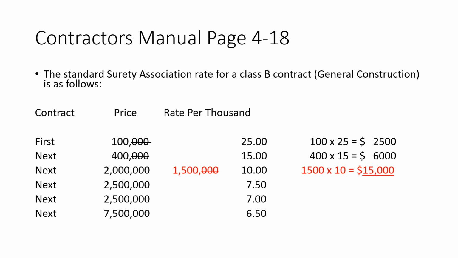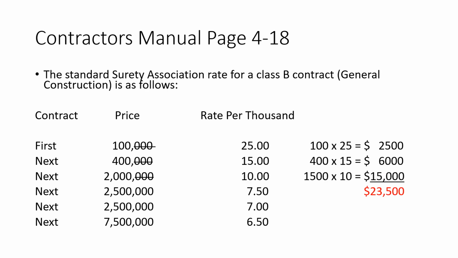So now we have calculated a full $2 million worth. We calculated the first 100,000, the next 400,000, and then finally the remaining $1,500,000. And we add them all together and we get $23,500. Okay, hopefully that made sense to you. All right, hopefully you learned a little something there.